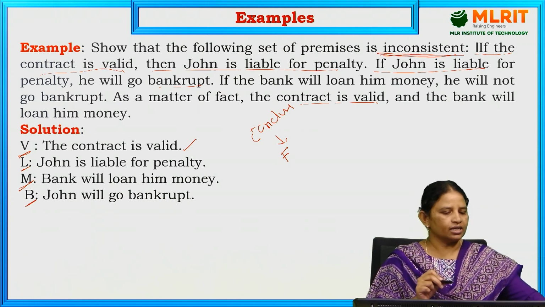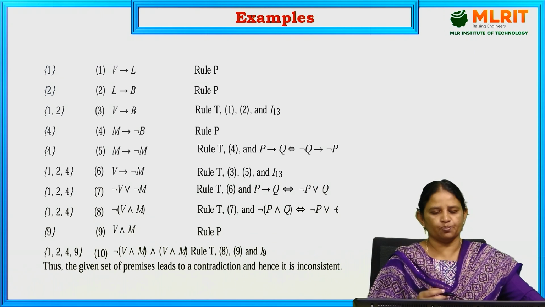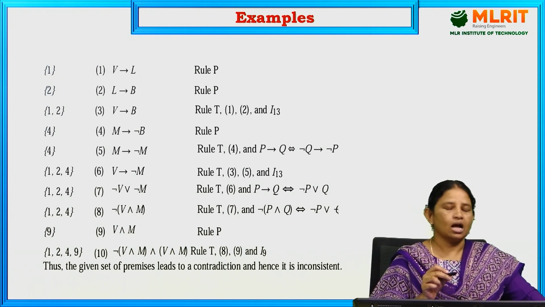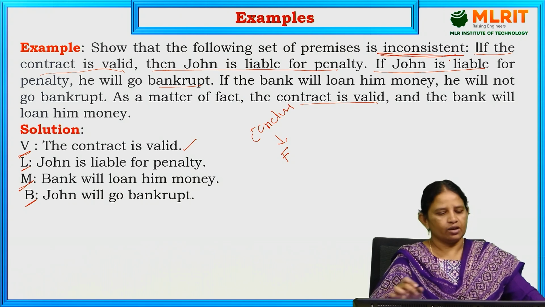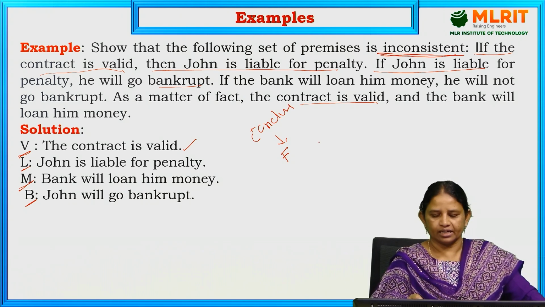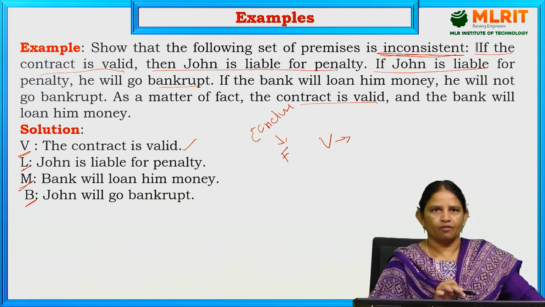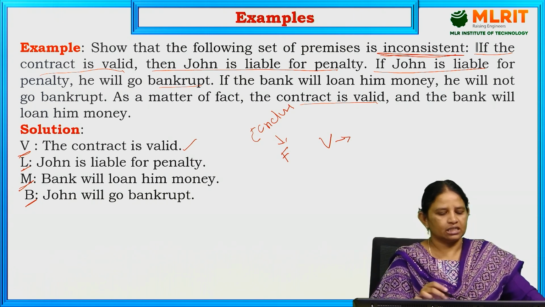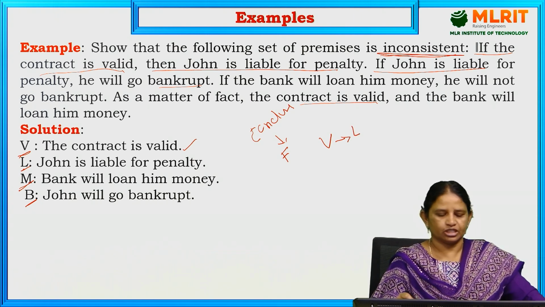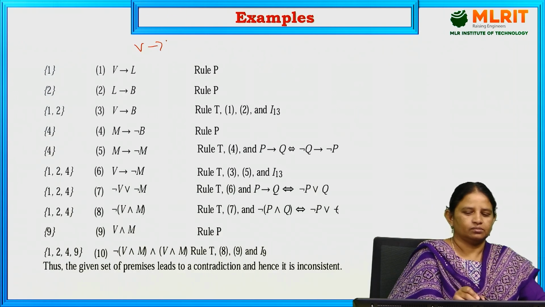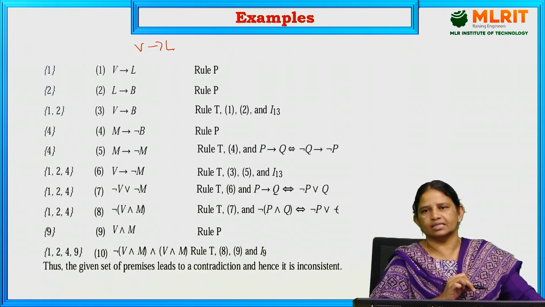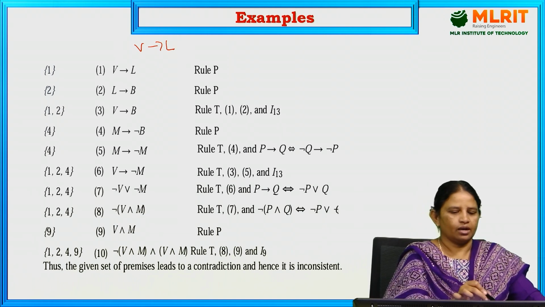Converting these notations into symbolic form, what is the total set of premises? What is the first premise? If the contract is valid, that is V, then John is liable for penalty. V tends to L is the first premise.